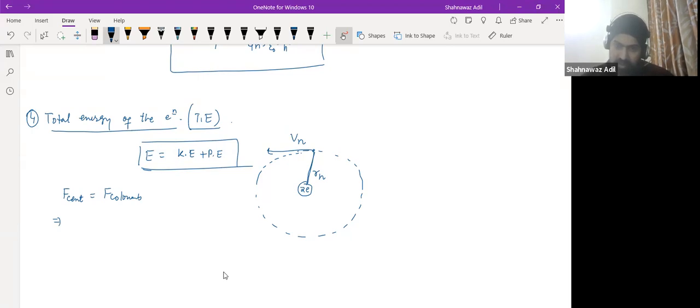Yes, Mariam, you are correct. What is the centripetal force? That is 11th standard, right? Centripetal force is m v square by r. Yeah, absolutely correct.